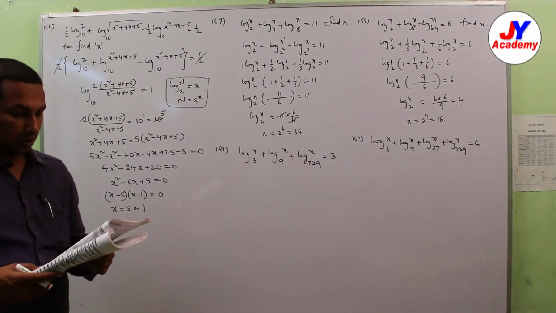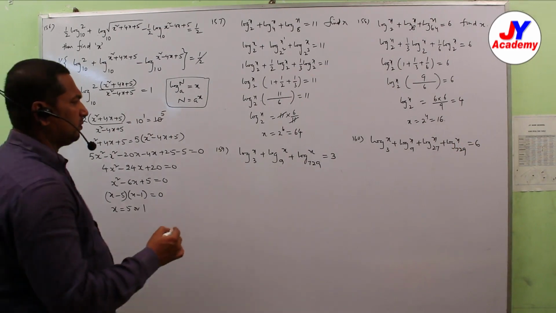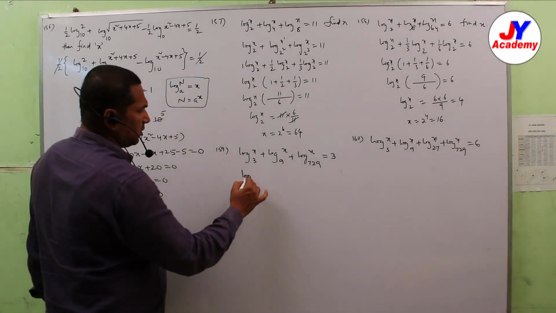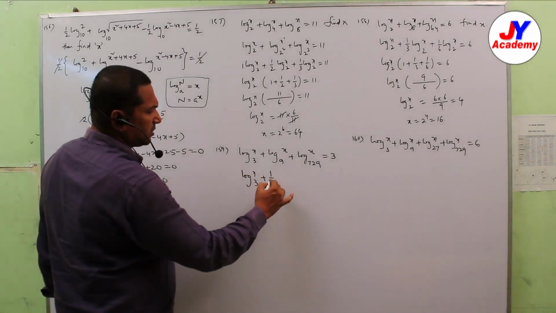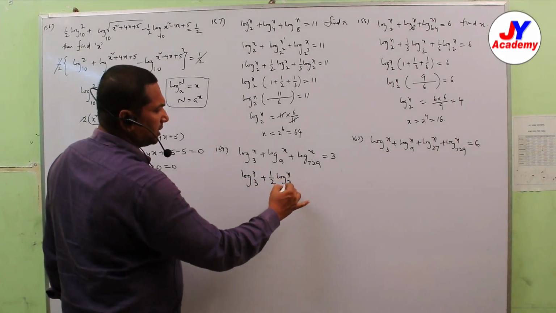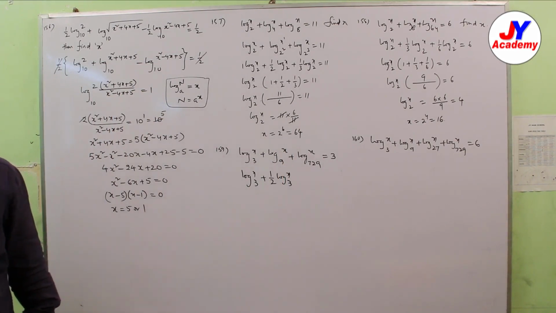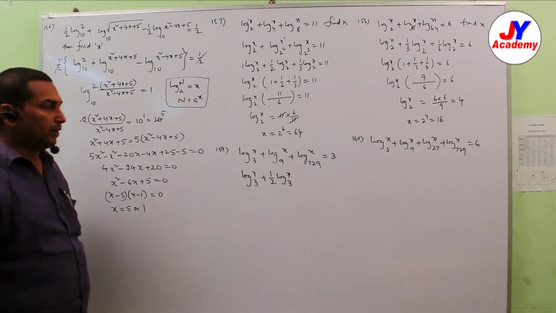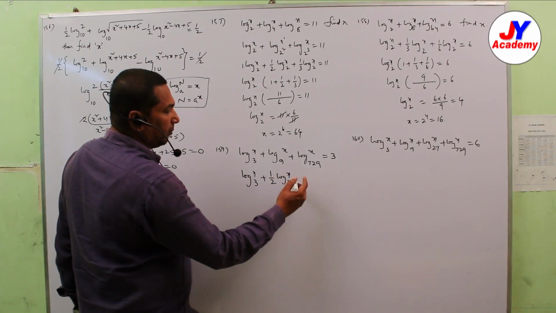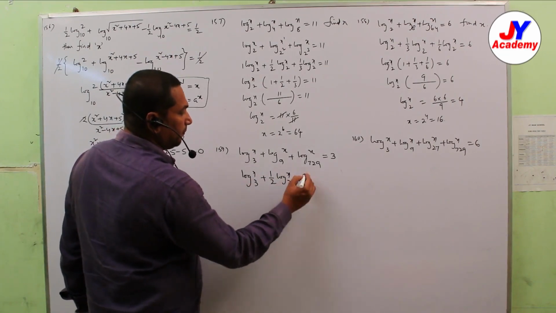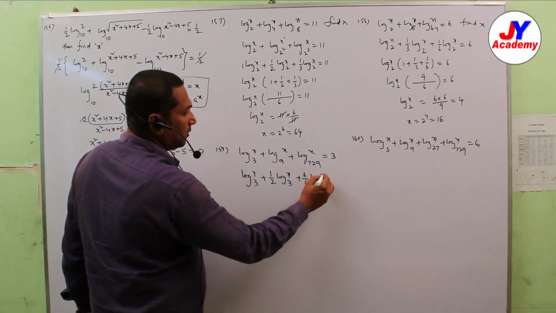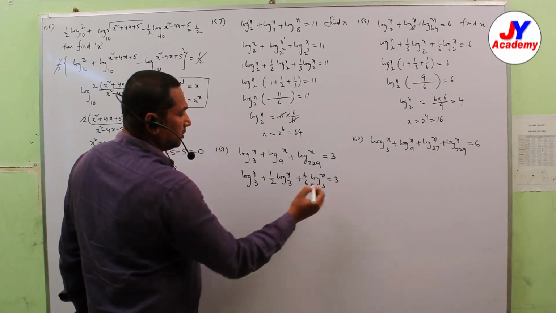Now these two have to be solved. So log x base 3 plus 1 by 2 log x base 3, because of the form log a power m base b power n, which is m by n log a base b, plus 1 by 6 log x is equal to 3.